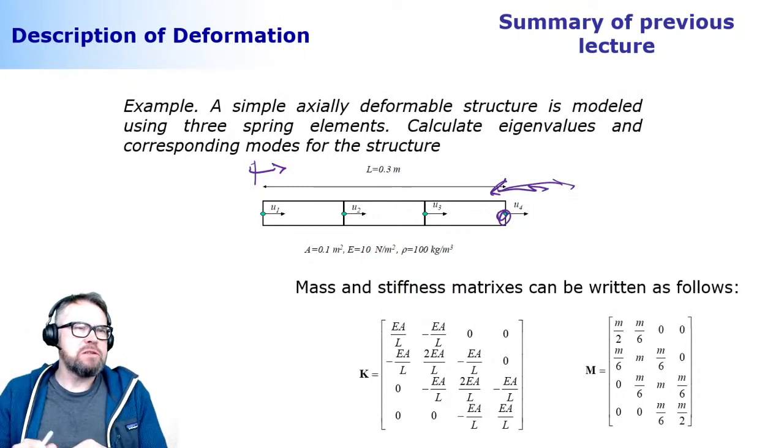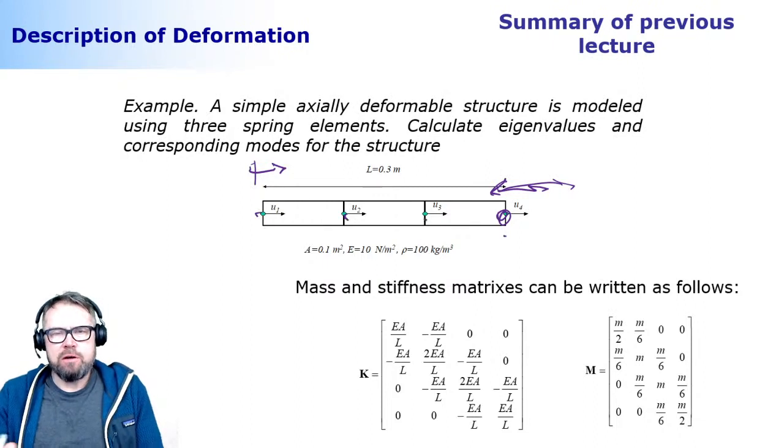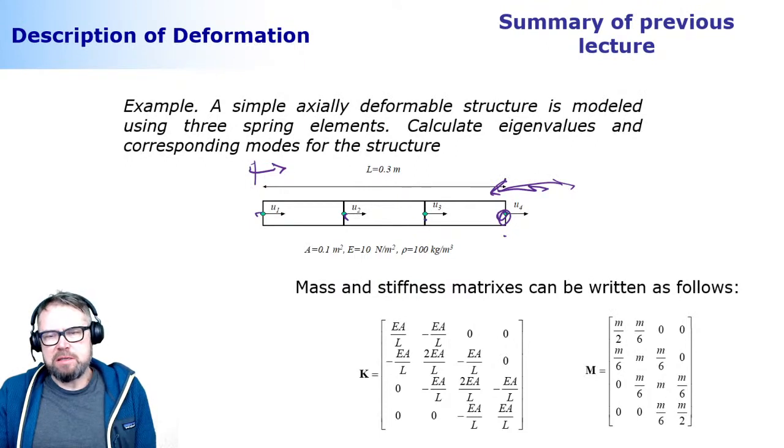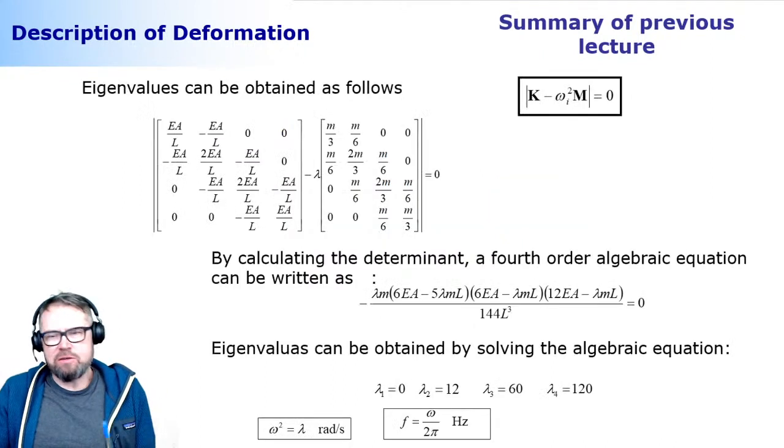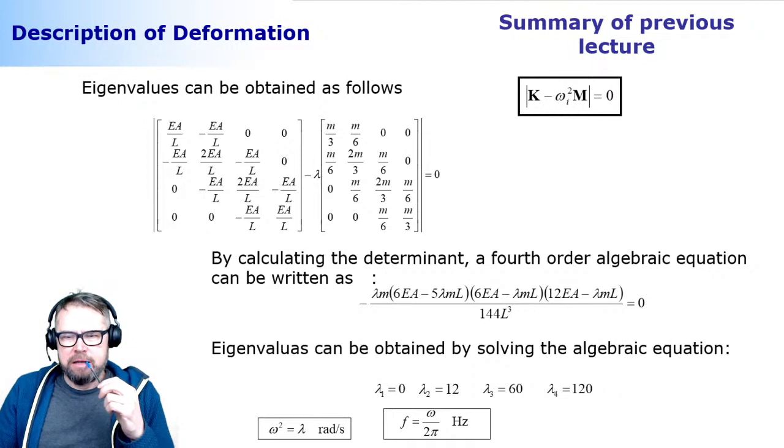There is 1 degree of freedom in each of the nodal locations. So I have here 1, 2, 3, 4 nodal coordinates, which means my corresponding stiffness matrix will be 4 by 4, and my mass matrix will be 4 by 4.